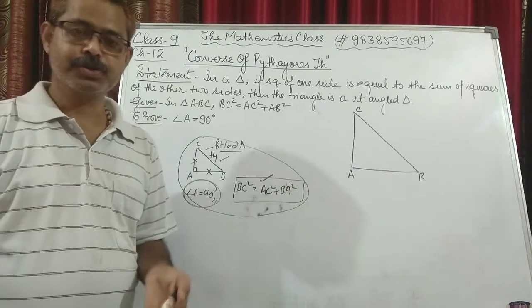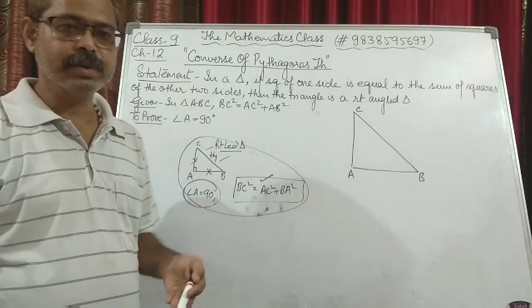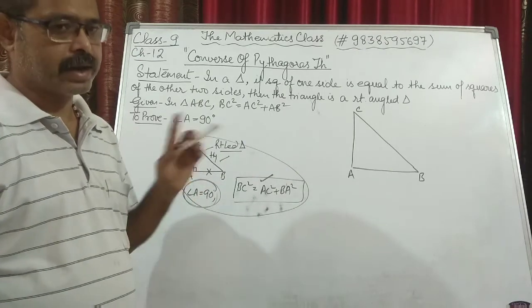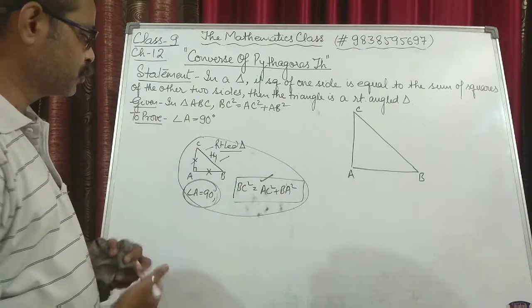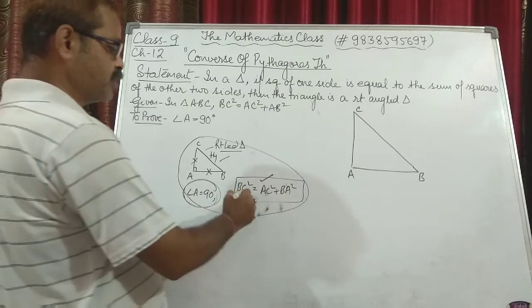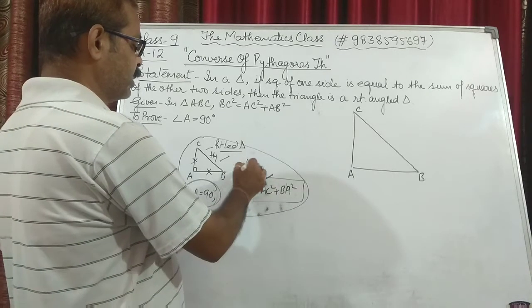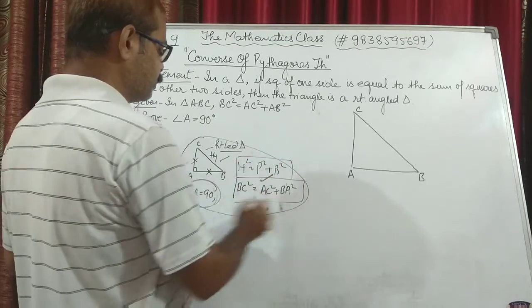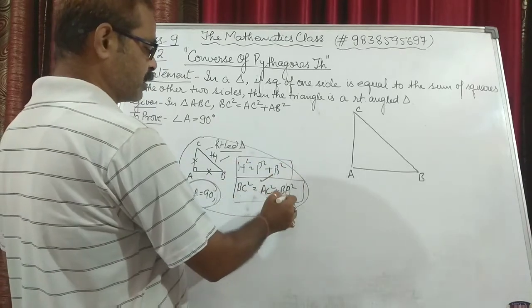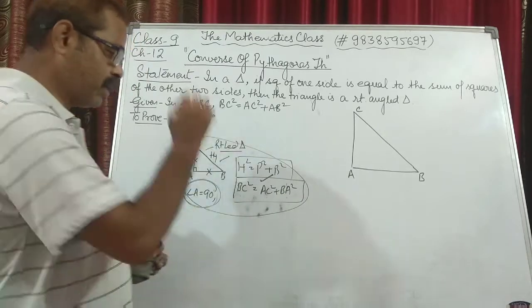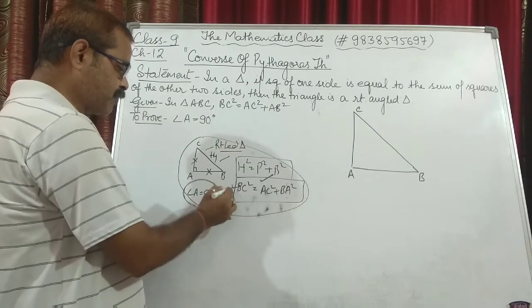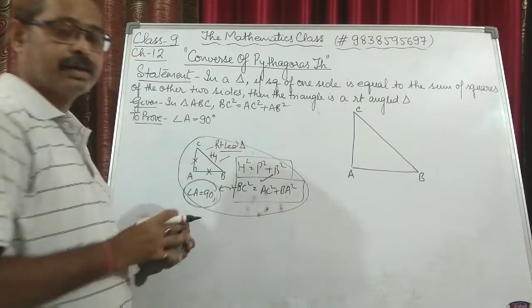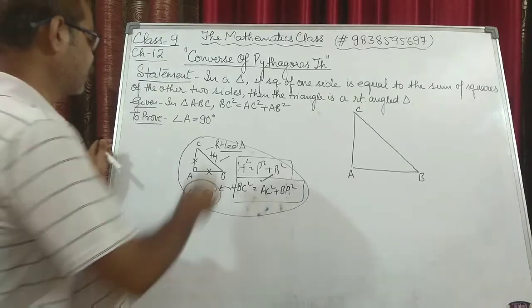In the Pythagoras theorem it was already given that the triangle is a right angle triangle and you had to prove BC square, or hypotenuse square, is equal to perpendicular square plus base square, or simply BC square is equal to AC square plus AB square. But now this is given and you have to prove that the triangle is a right angle triangle.